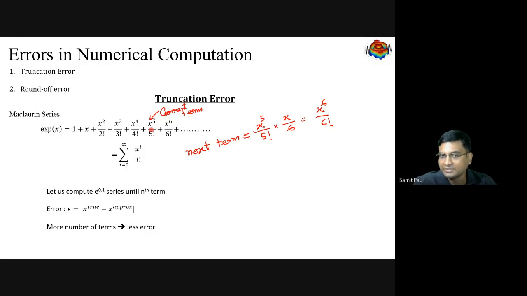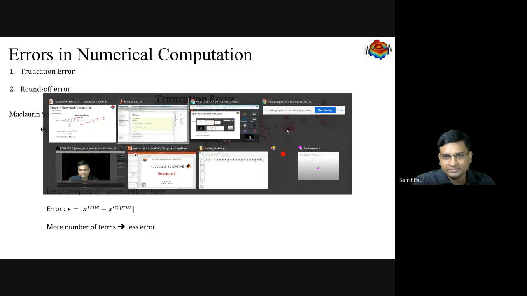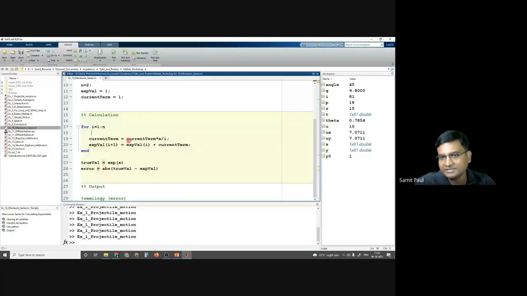If I know the current term, the next term can be calculated by multiplying it by x divided by the next term index. So see here, the current term is calculated as the previous current term multiplied by x by i, and the value is stored in an array, exp val, which is an array at i plus 1. Initially i was 1, it has only one value, and now we are increasing the dimension of the array.